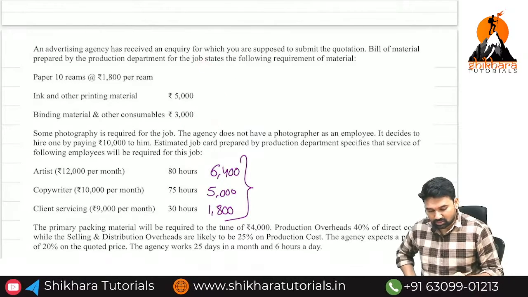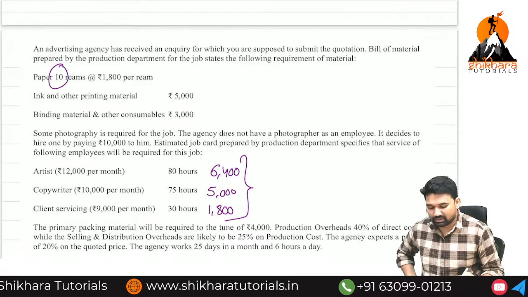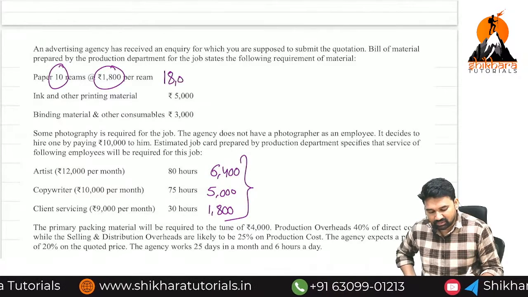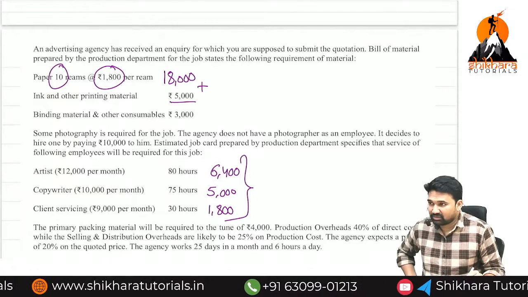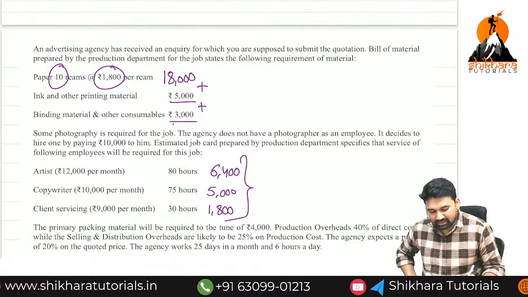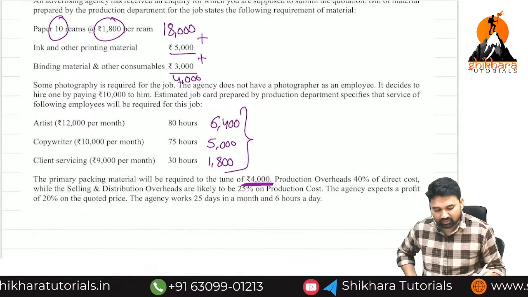So first of all, how many reams? 10. Each ream 1800, so 1800 into 10 is 18,000, plus 5,000, plus 3,000, and again 4,000 is required here.